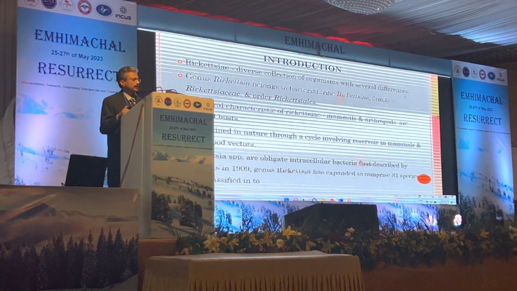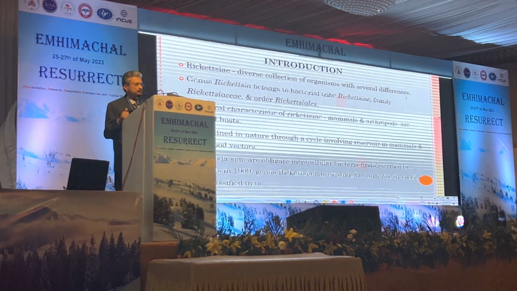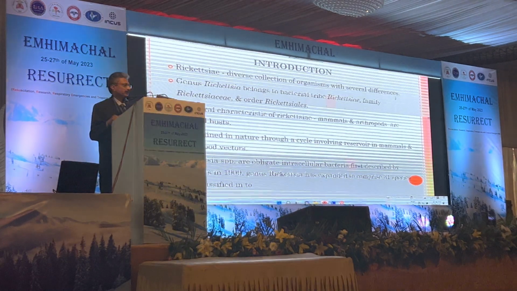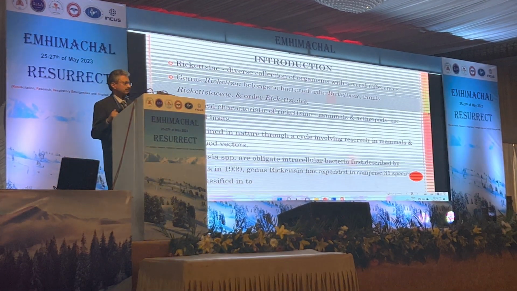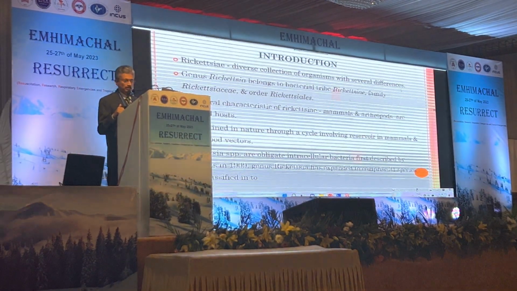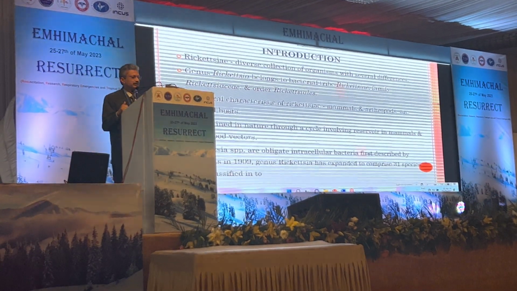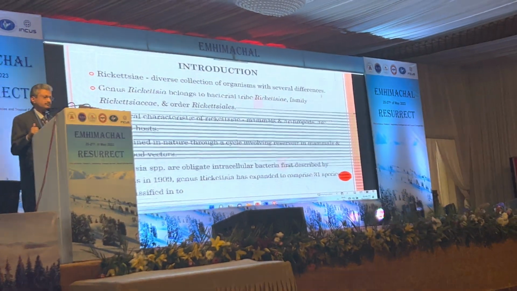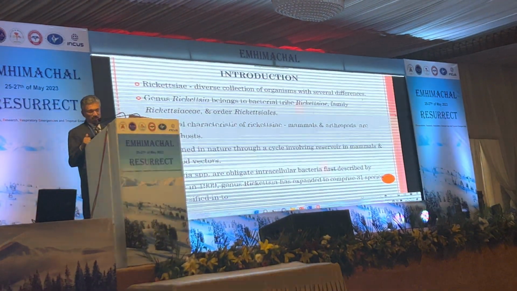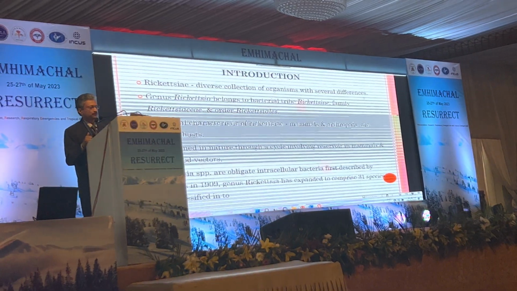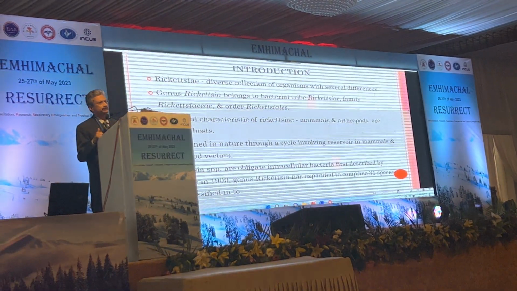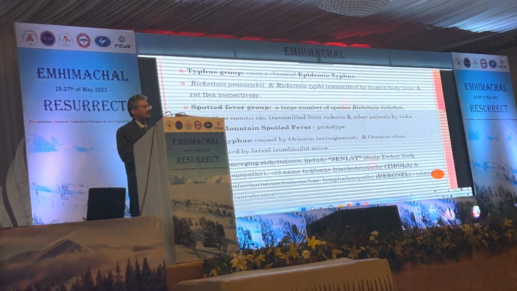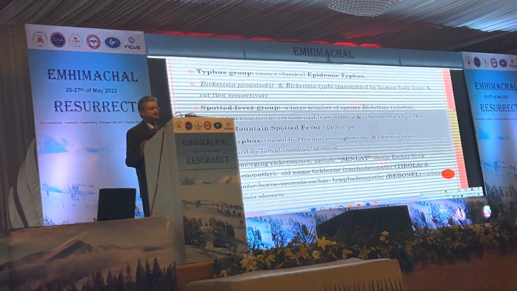These infections are maintained in nature through a cycle which involves a mammal reservoir and an arthropod vector. These are obligate intracellular bacteria, first described in 1909, and now genus Rickettsia comprises 31 species and it's ever expanding.